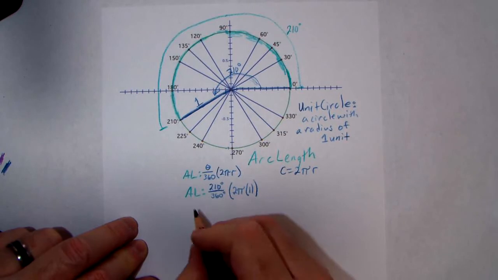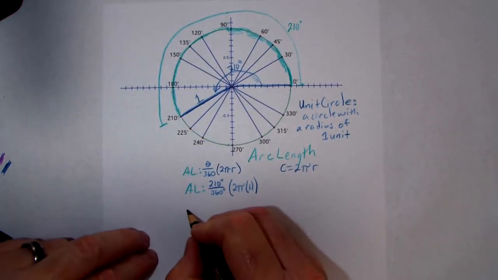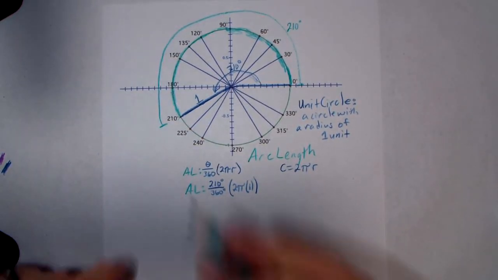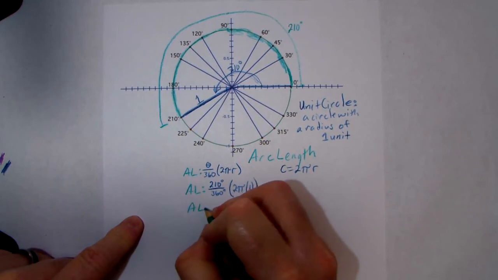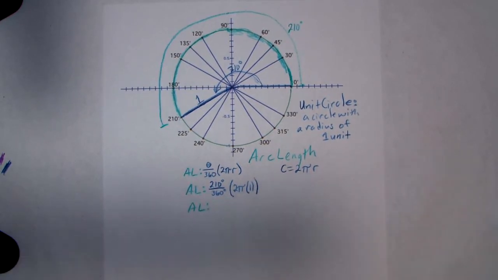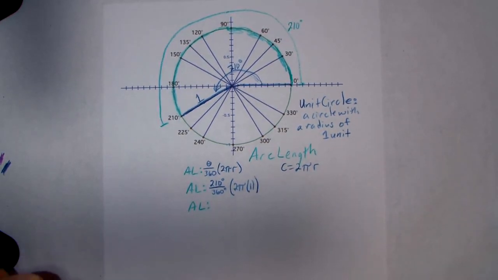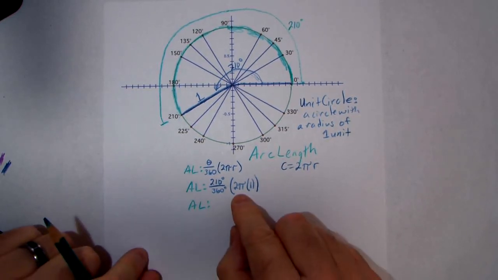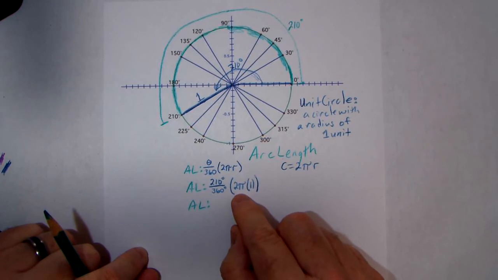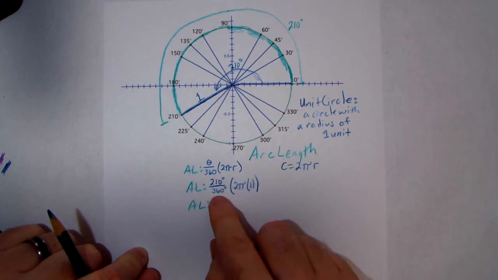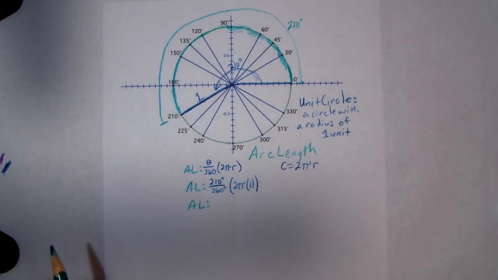Okay, so to try and solve for the arc length then, we're going to work this all out. Now, for this particular activity, we want to use the exact values, which means we are not going to plug the pi button into our calculator. So I'm going to start by simplifying this fraction.